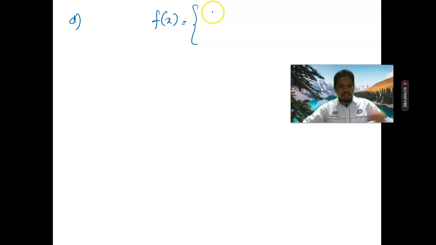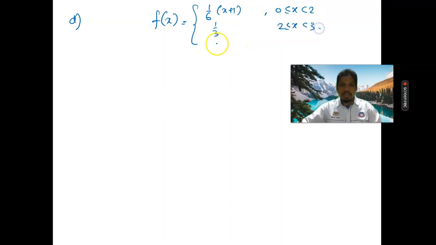Then for question D, I rewrite the function because on every page we need to refer to the function f(x). Again, the function just now is 1 over 6 (x plus 1) for x between 0 until 2, and then 1 over 3 for x between 2 until 3, and 0 otherwise.